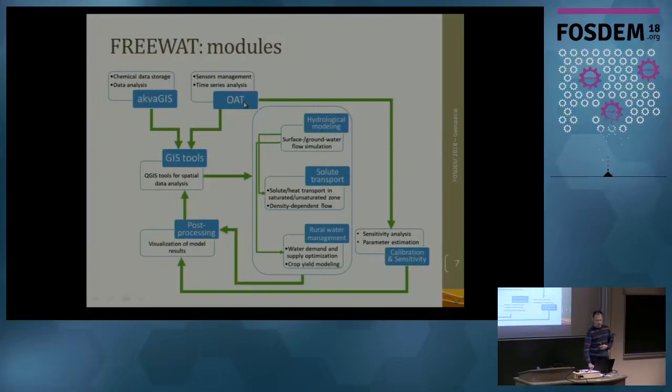You have the observation analysis tool, which is more related to time series. Then you of course have GIS tools integrated in QGIS. You have the tools related to the ModFlow part. There is also an integration with the calibration and sensitivity tool, and of course some visualization. In the next slides, I will briefly introduce some modules.